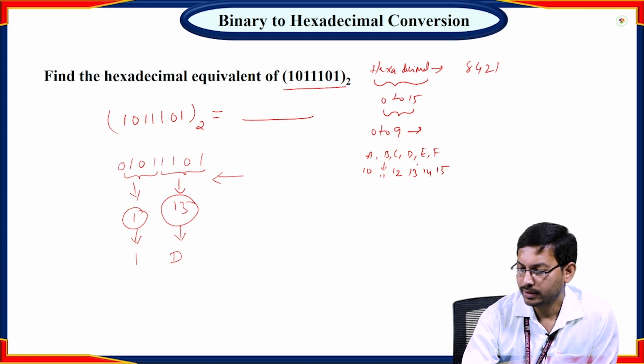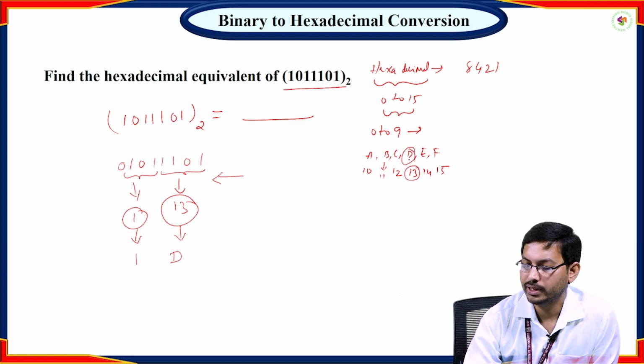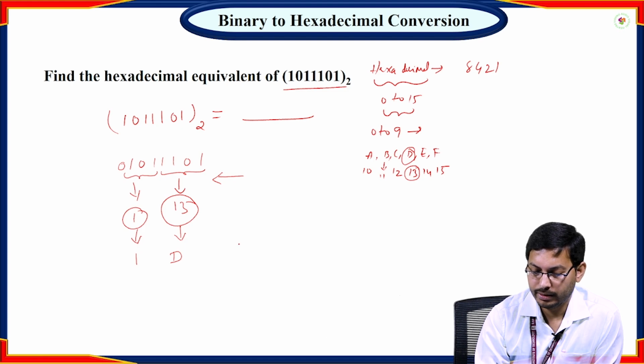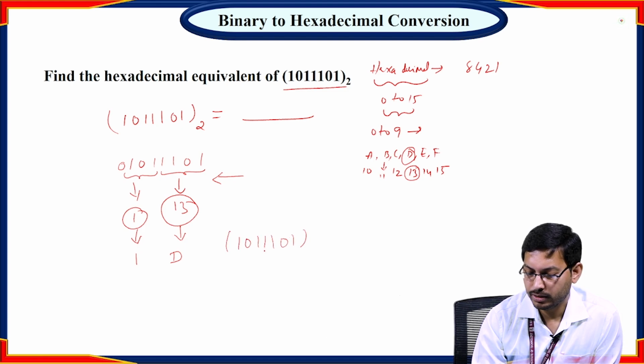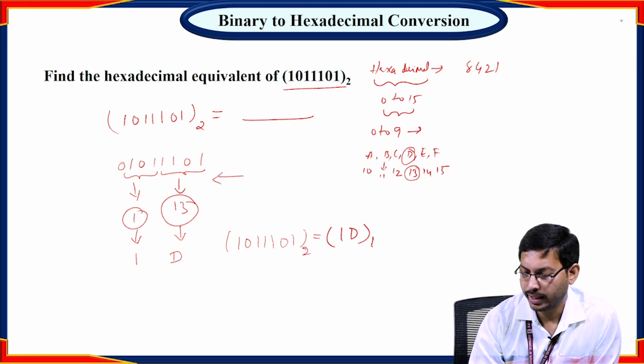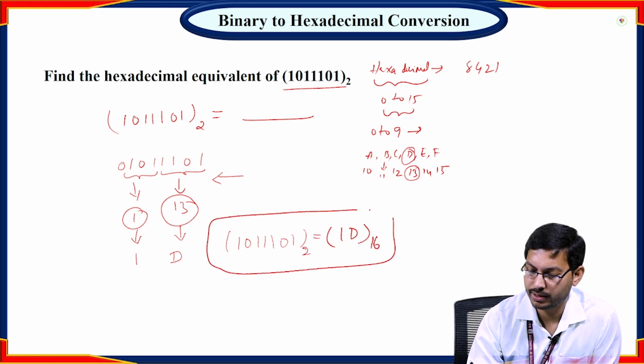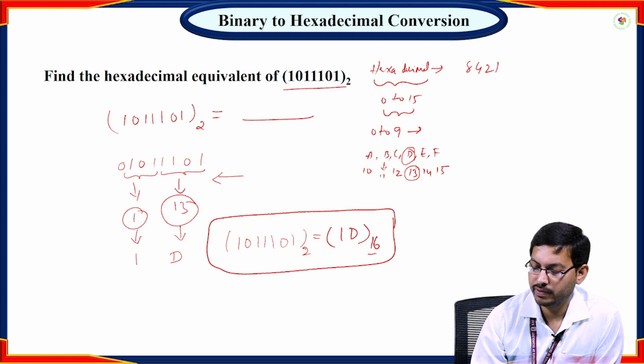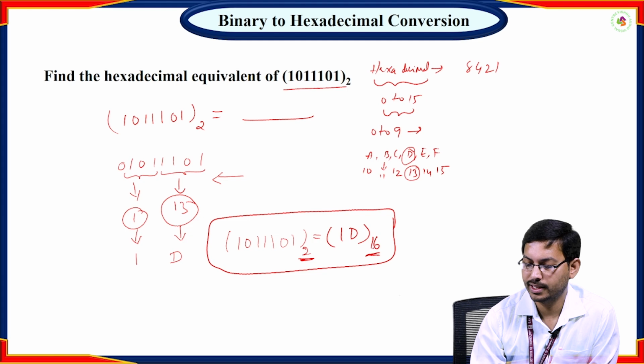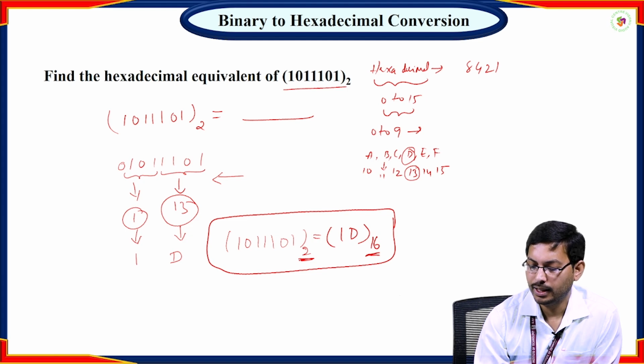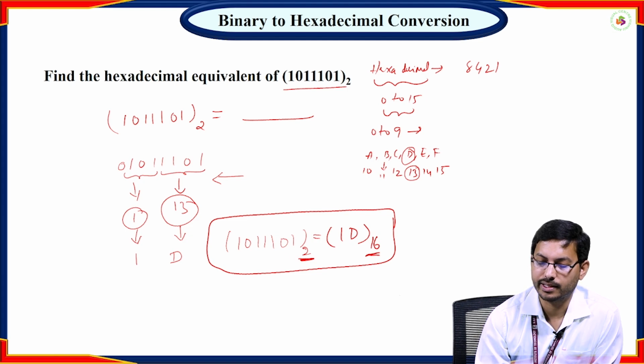Because in the hexadecimal number system we can represent 13 with D. So the final answer is, 10111012 is equivalent to 1D in the hexadecimal number system. Here for the hexadecimal number system the base is 16, and for the binary number system the base is 2.